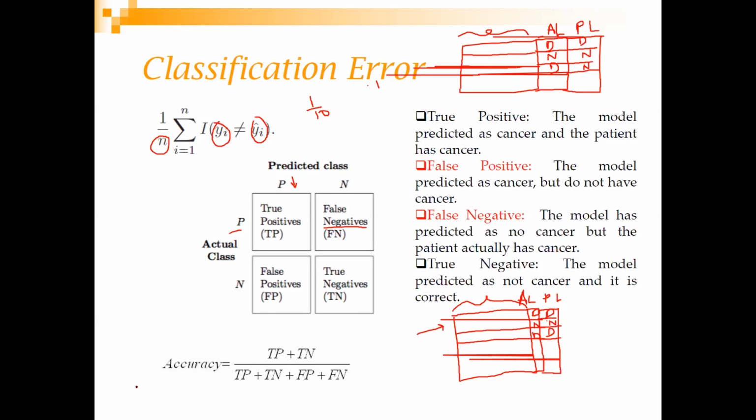And it turns out that your false positive and false negative may not have equal cost. Here, when you are doing this calculation, you are thinking that true positive, true negative, false positive, false negative all have equal costs, right? But let's take two examples.